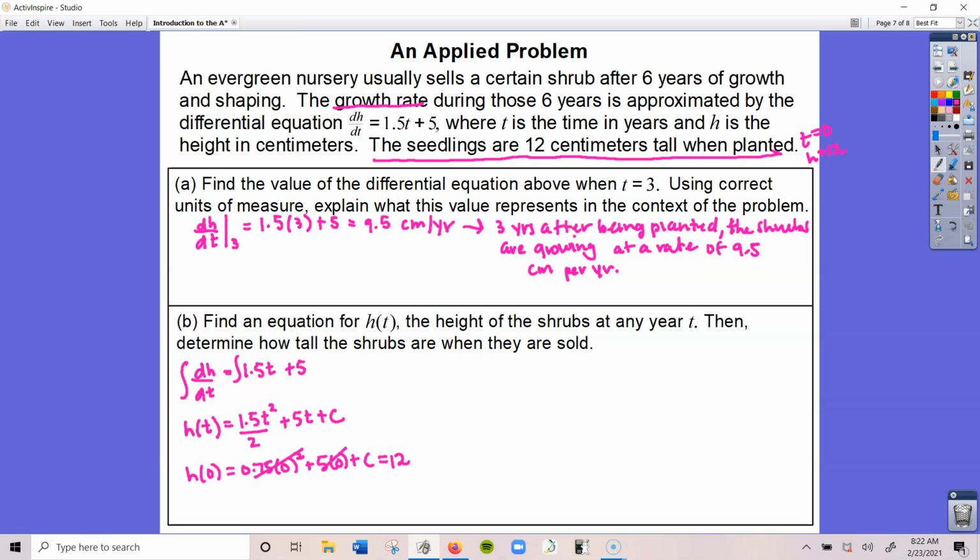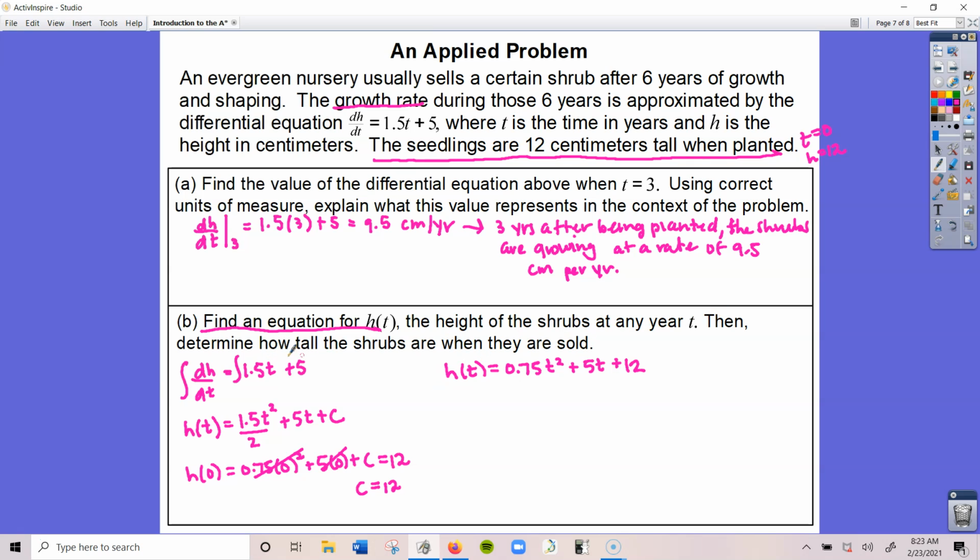This is 0, this is 0, so that means that c is equal to 12. So h of t is going to equal 0.75t squared plus 5t plus 12. Because that's the first part of this question, to find an equation for h of t.